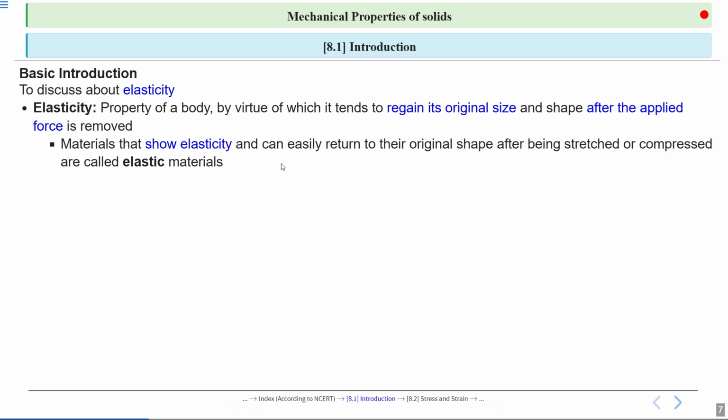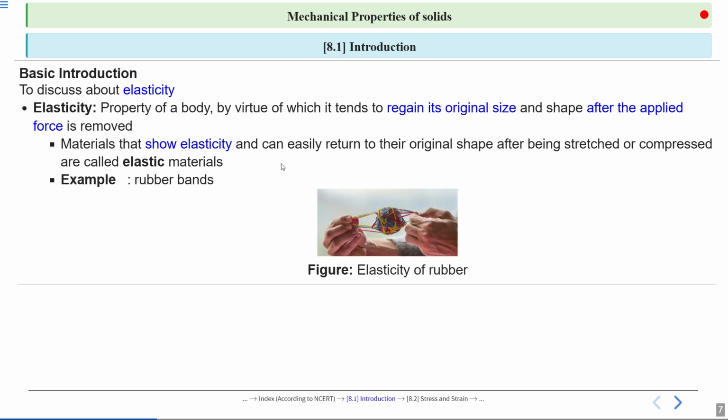Materials that show elasticity and can easily return to their original shape after being stretched or compressed are called elastic materials. Think of a rubber band or a spring. They both return to their original form after being deformed. Examples: rubber bands.